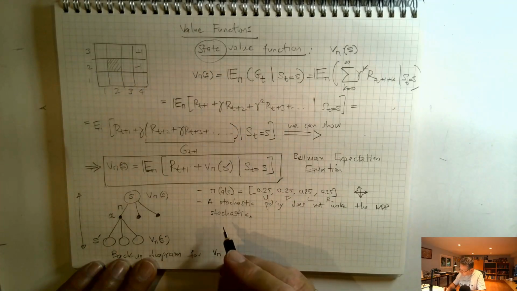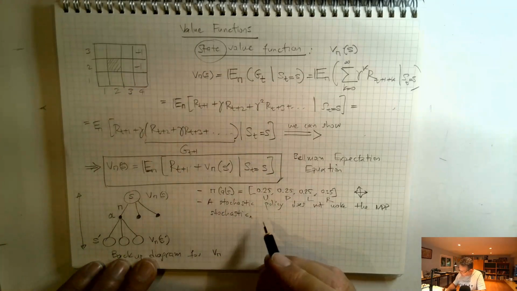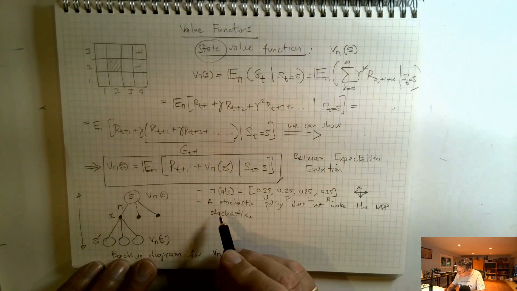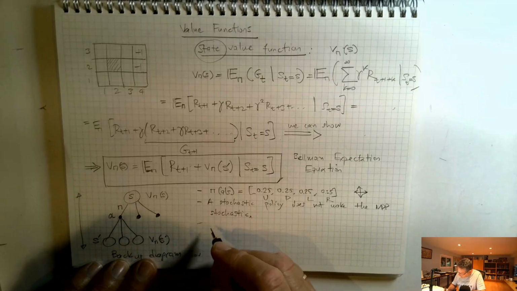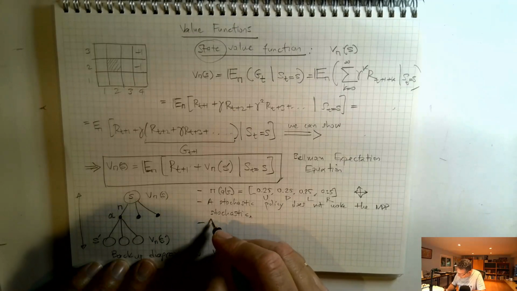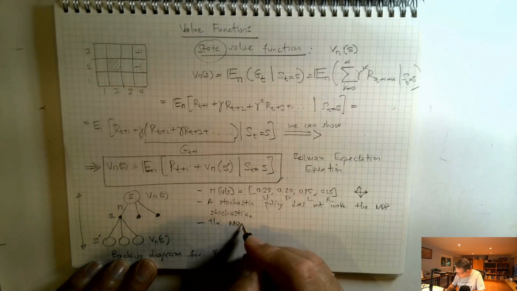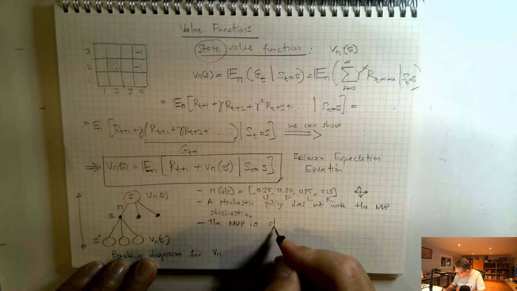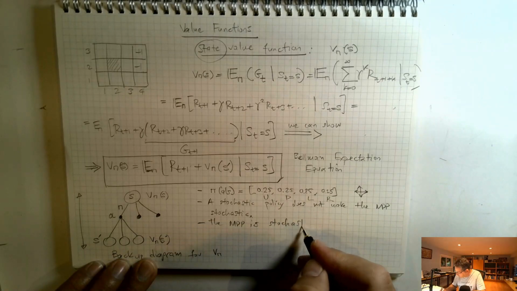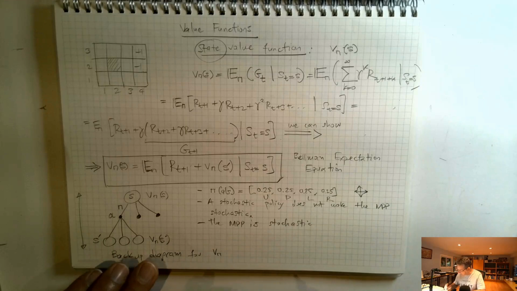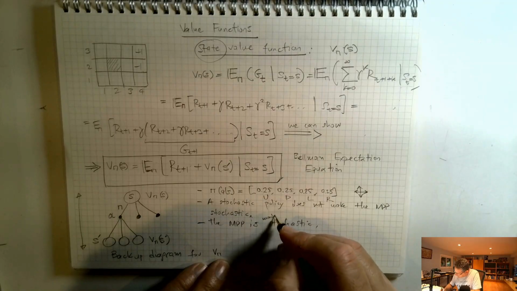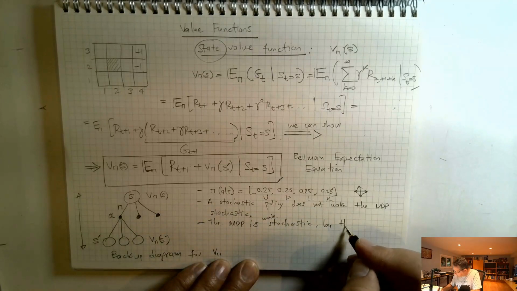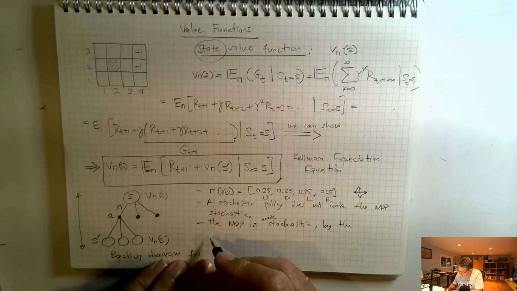So in this example, I think it's sufficient to support the argument that a stochastic policy does not make the MDP stochastic. That's why we call them stochastic MDPs: the MDP is made stochastic by the transition model.